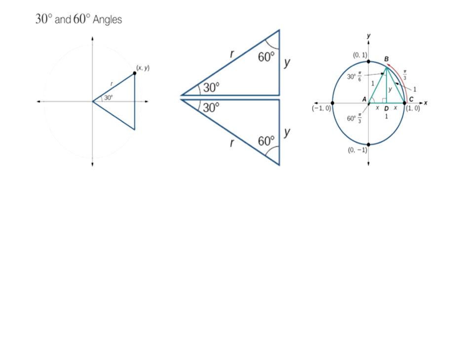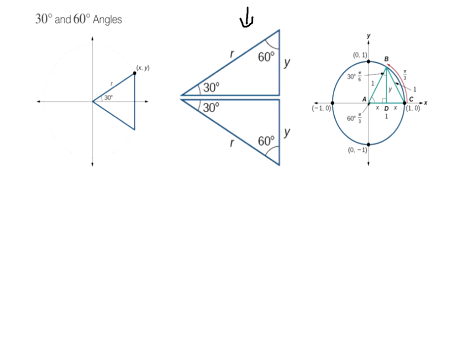All right, so we also have our 30, 60, 90 triangle, our other special right triangle that we need to look at. Let's look at this center one here. If I were to place two 30, 60, 90 triangles together, I would end up getting a 60, 60, 60 triangle.